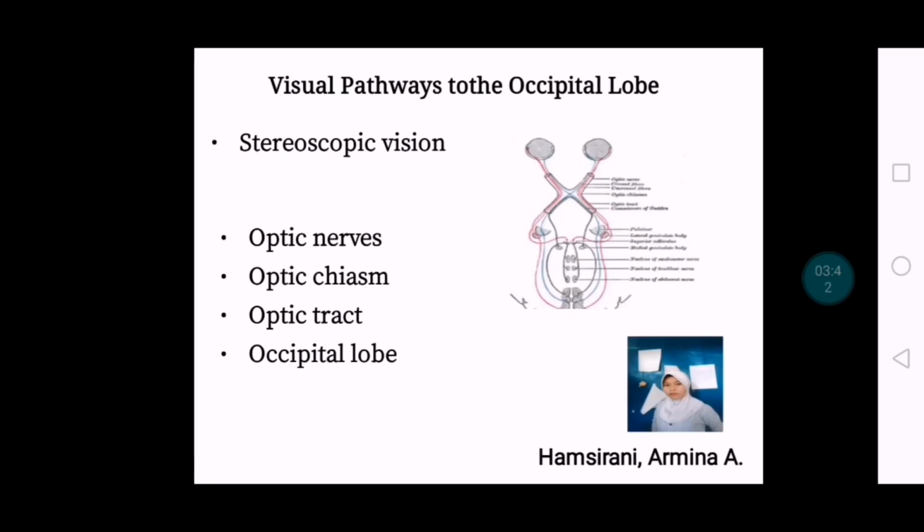So the next is the occipital lobe. It's located at the very back of the brain and contains the primary visual cortex, which is responsible for interpreting incoming visual information. It is the smallest lobe of the brain, accounting for around 12% of the total surface area of the brain cortex.